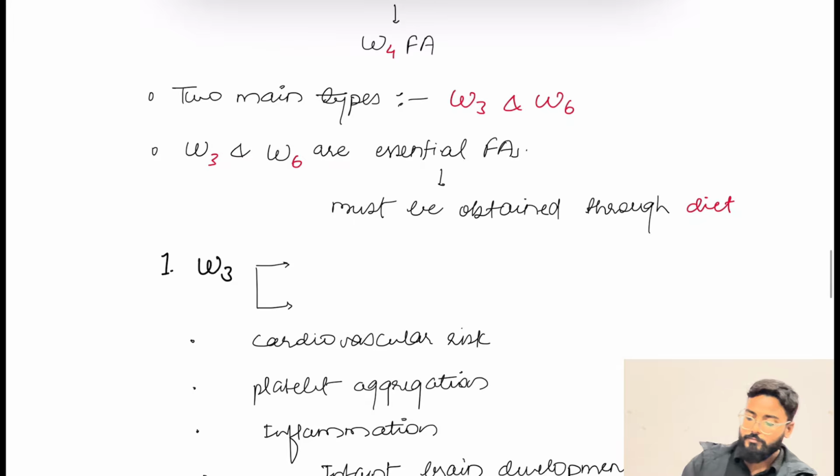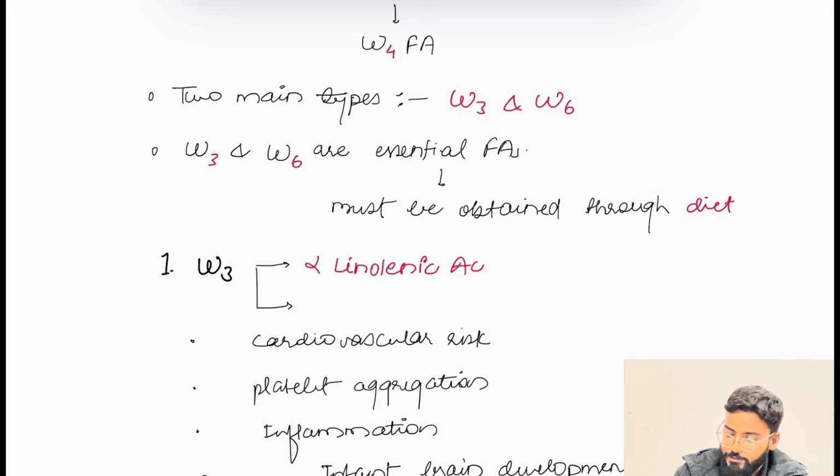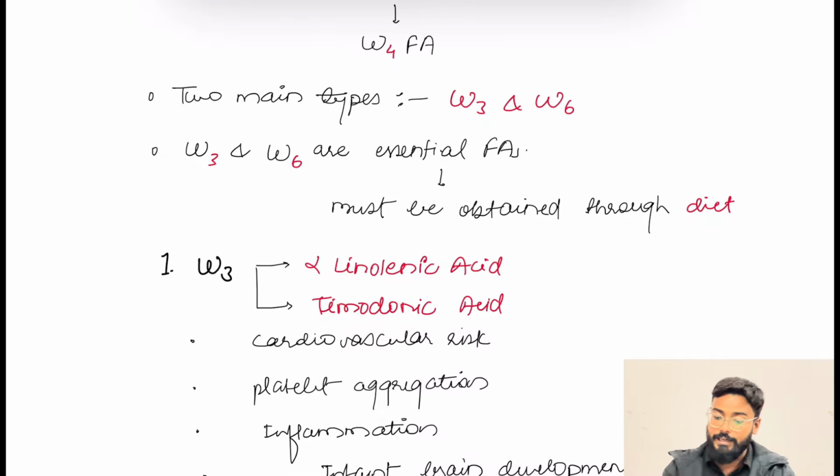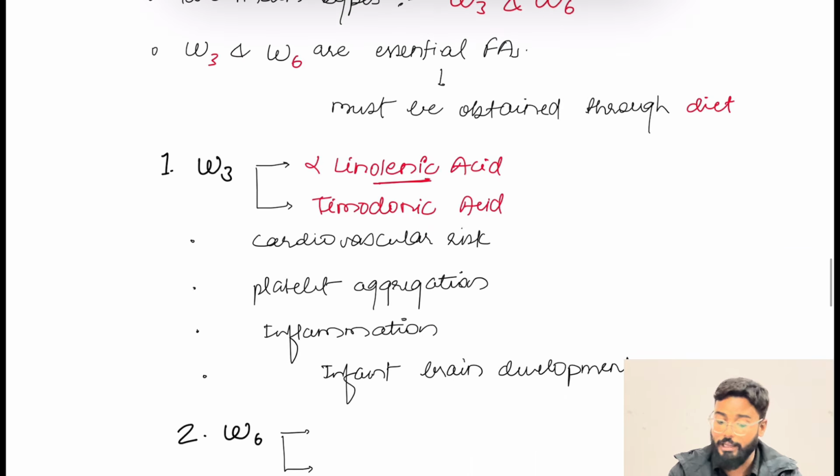Now we can see some main examples of omega 3: alpha linolenic acid and timodonic acid. These two are omega 3 fatty acids. Remember, this is linolenic, not linoleic.